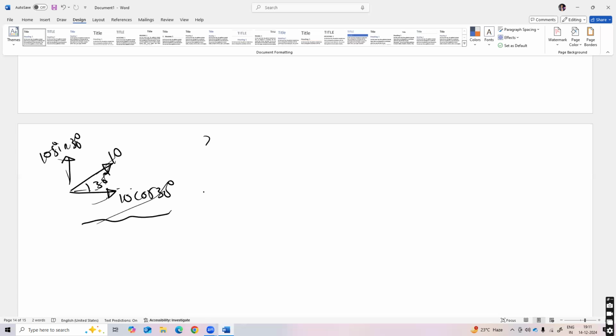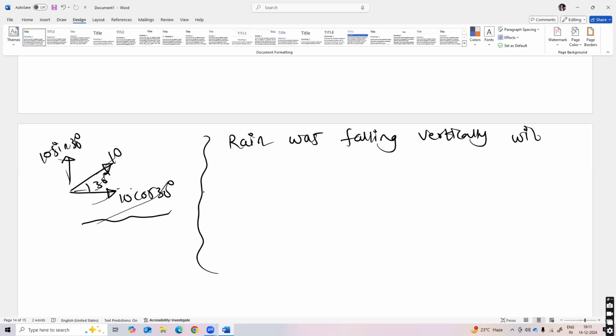Now let's move on to the question. Rain was falling vertically with speed 40 meter per second, and a person A was running with 30 meter per second.